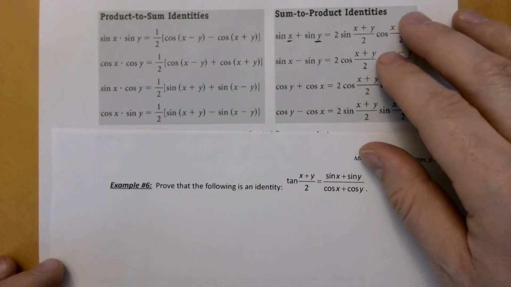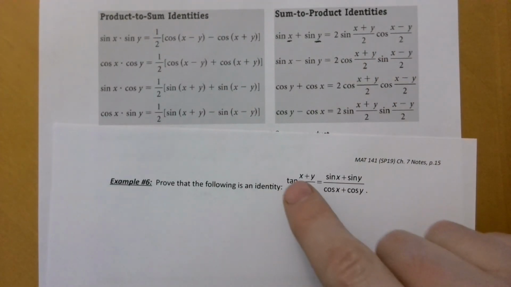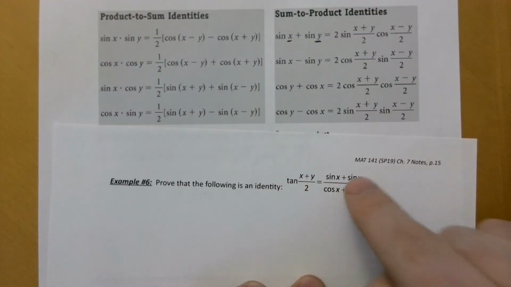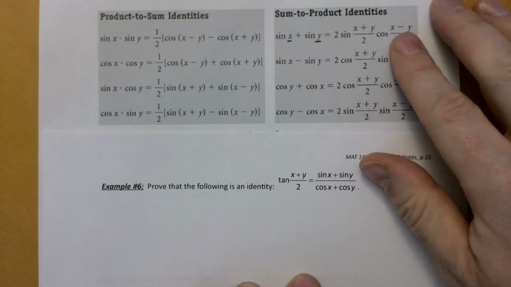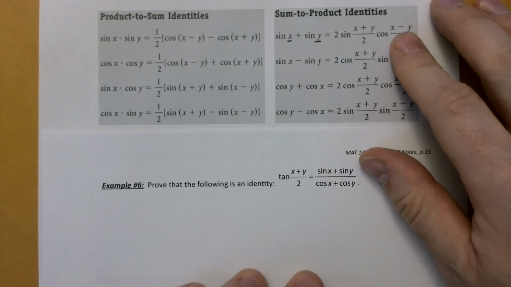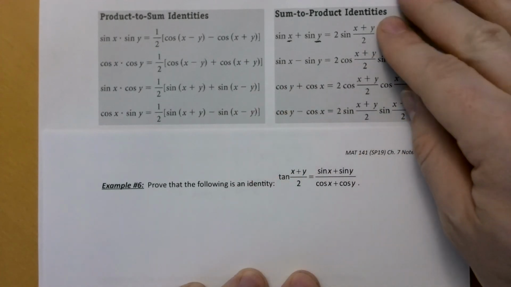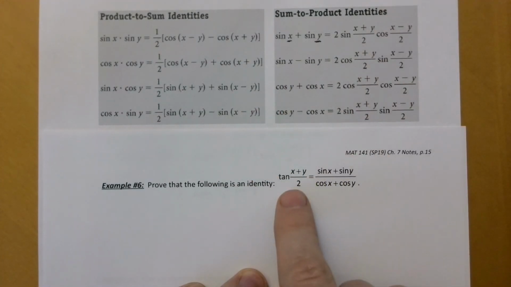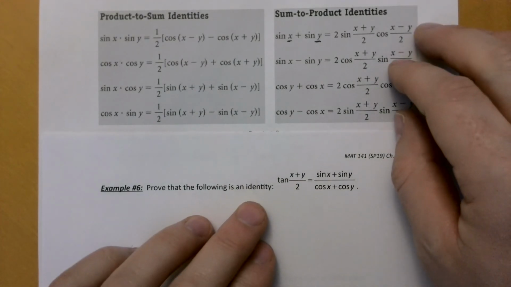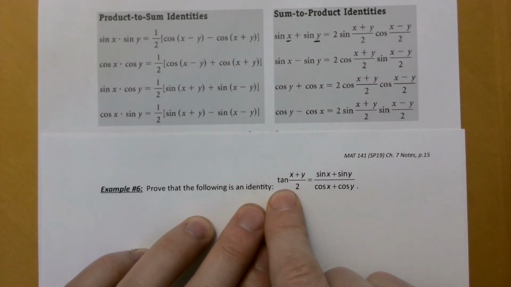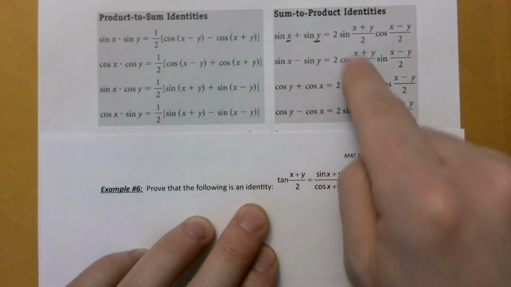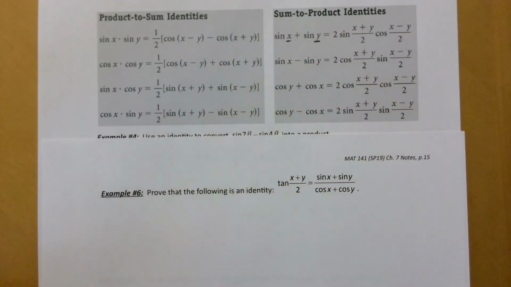So our goal is to rewrite this as that, or that as this. And I've tried this one in past times, trying to not use any of these sum or product identities, and it just gets kind of insane. So I'm going to take this tangent of (x plus y)/2, I'm going to rewrite it in terms of sines and cosines, and then I'm going to use one of these two formulas to get there.